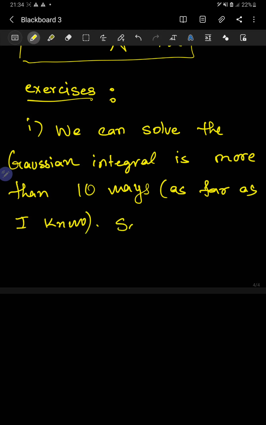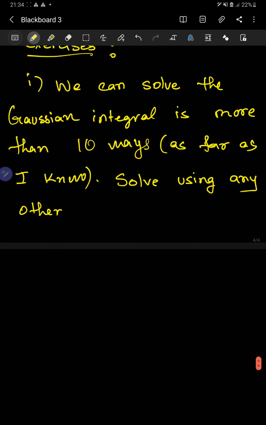So this would be a homework for you: solve using any other method. You can use Feynman's differentiation under the integral sign. You can do that as well, and using another method. This is not a compulsory homework. This is just optional, an extra homework.